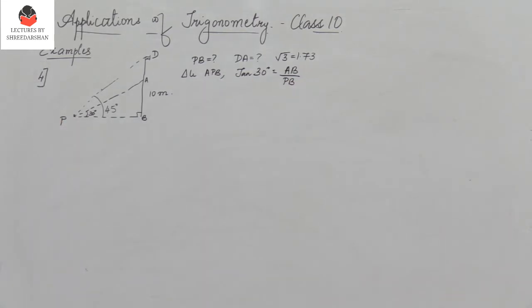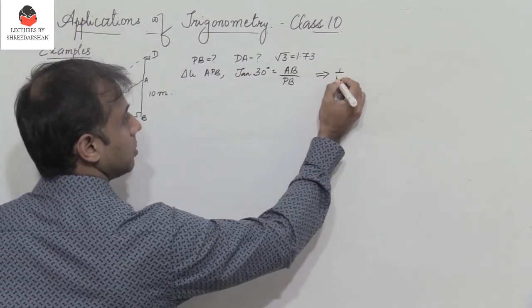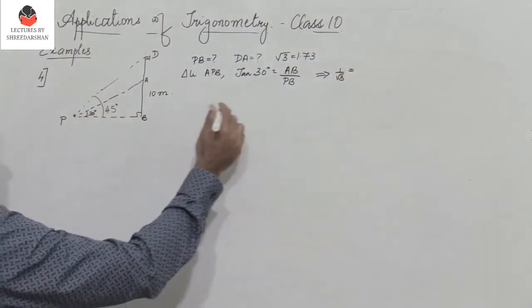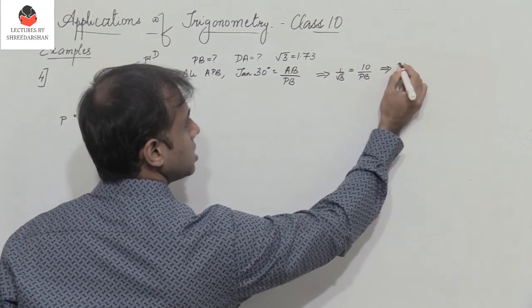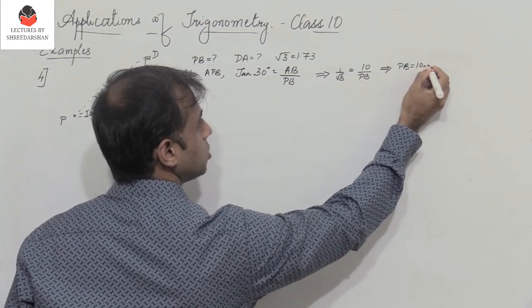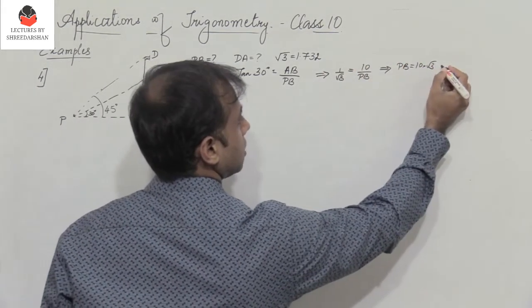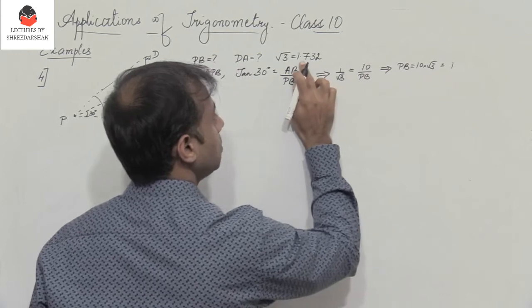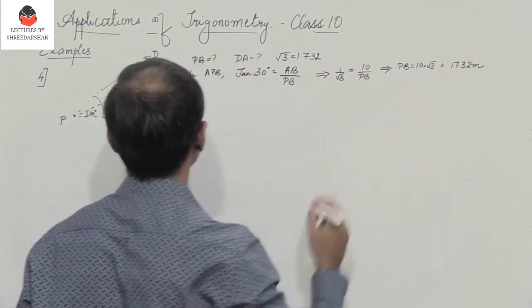We know that tan 30 is 1 by root 3. And AB is 10, and I need to find PB. So this implies that PB equals 10 into root 3. We know that root 3 is 1.732. So 1.732 into 10, I get 17.32 meters.